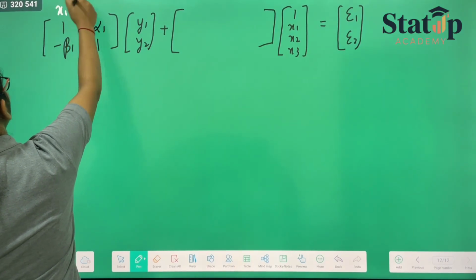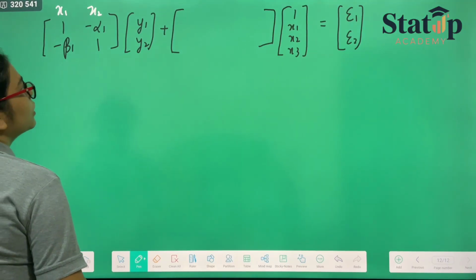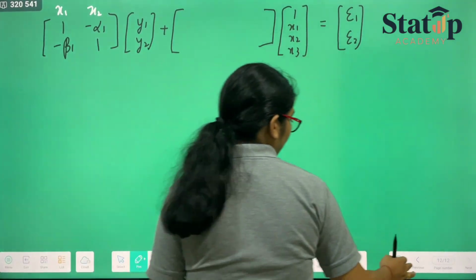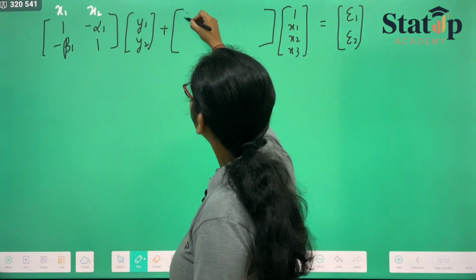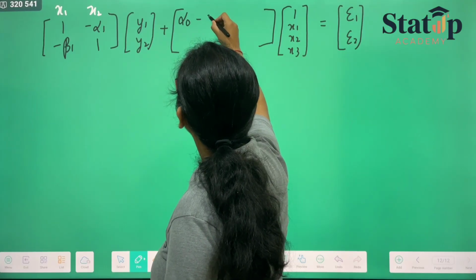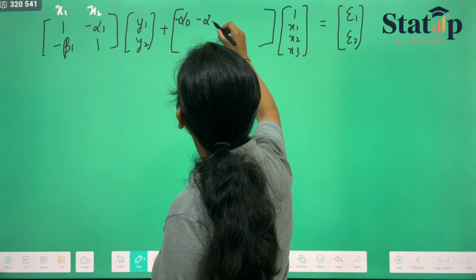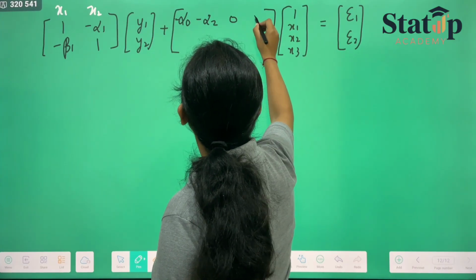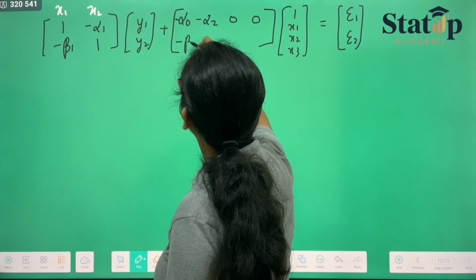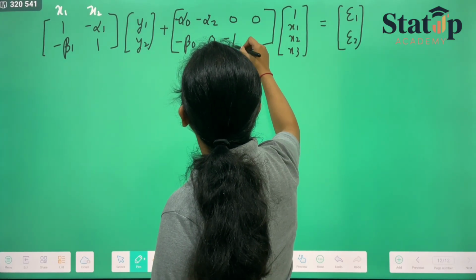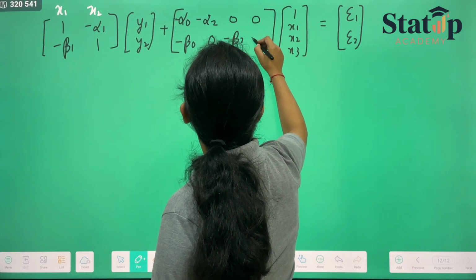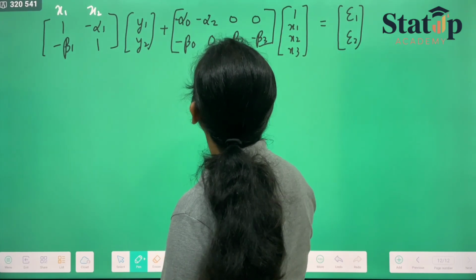This is for x1 and this is for x2. And again this is alpha naught, minus alpha 2, 0, 0, minus beta naught, 0, minus beta 2, minus beta 3.